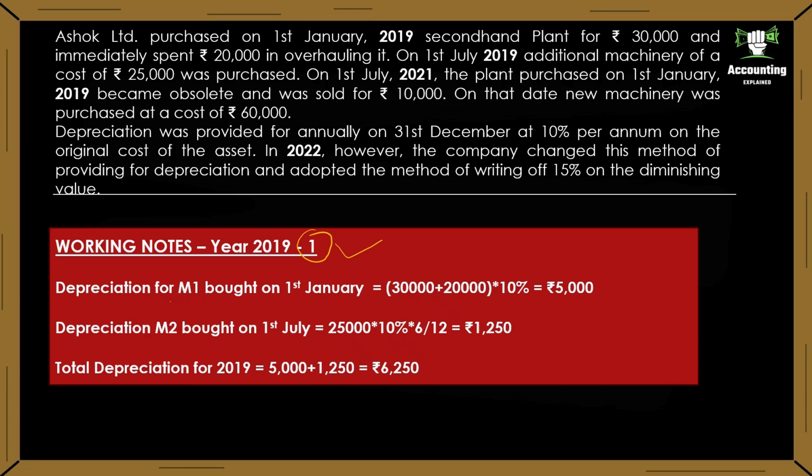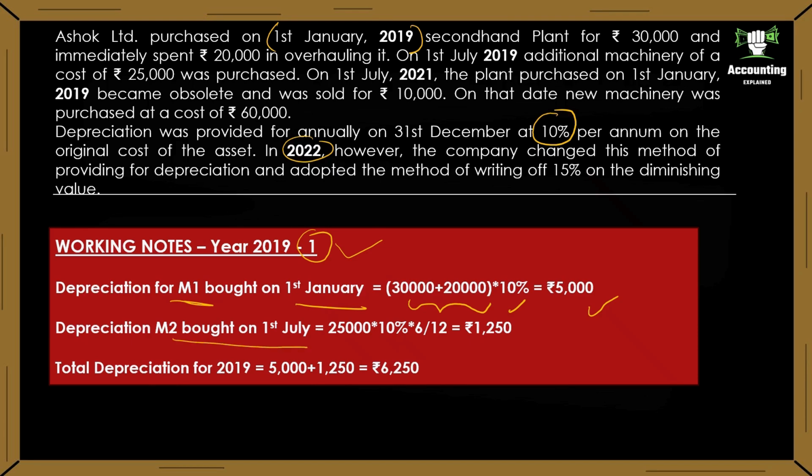So depreciation for machinery 1. This machinery which we have bought on 1st January 2019, I have marked it as M1. The value as I had already told you is 30,000 plus 20,000 into 10%. Amount is 5,000 because we are charging depreciation on straight line method at 10% per annum till 2022. Depreciation for M2.